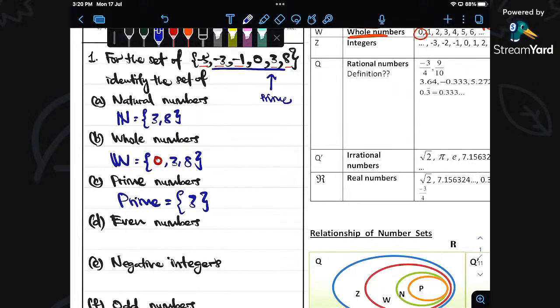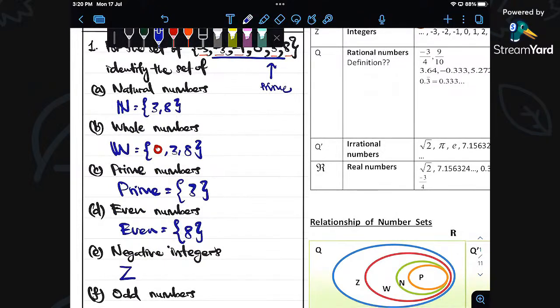Now, even numbers. The even numbers, it is just the number 8. Nothing more than 8. Over there, only 8 is an even number. And then negative integers. For integers, we can put the symbol Z, and then you can also put a negative beside the alphabet Z. If I put positive here, it means positive integers.